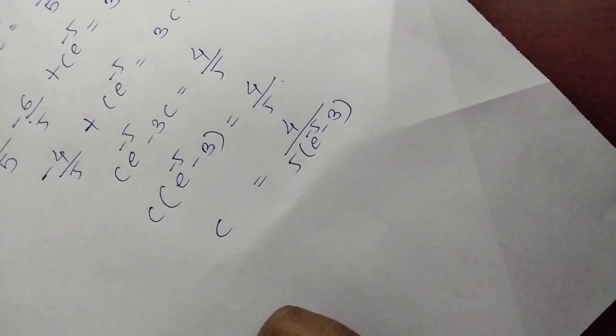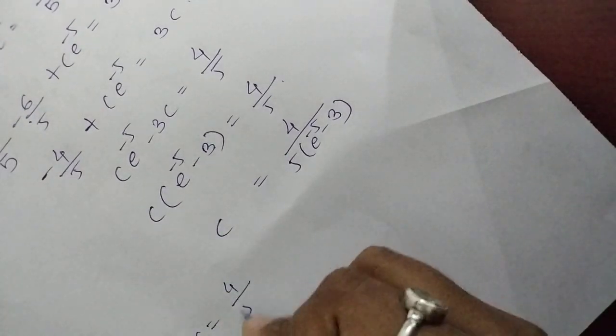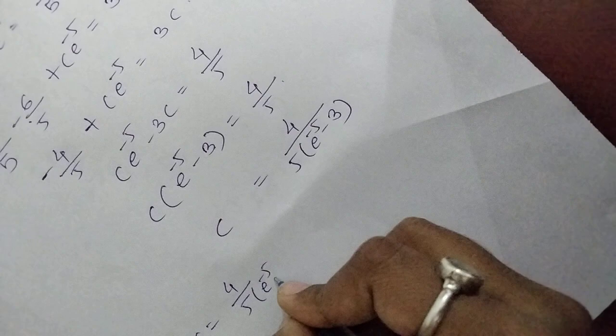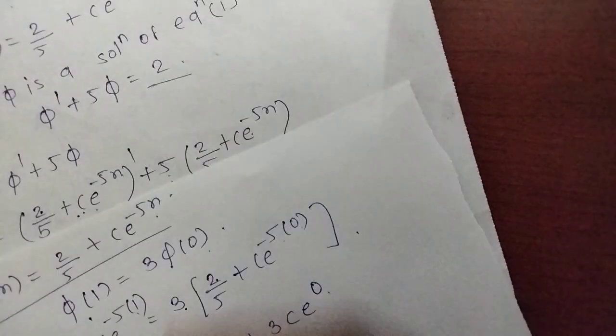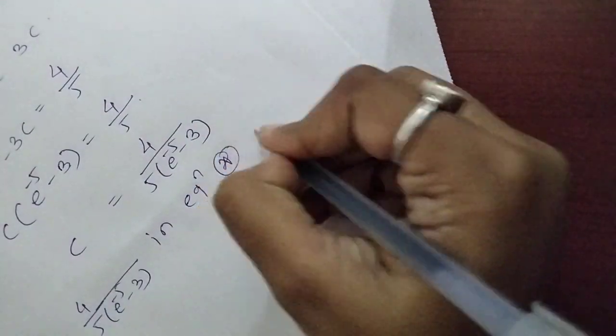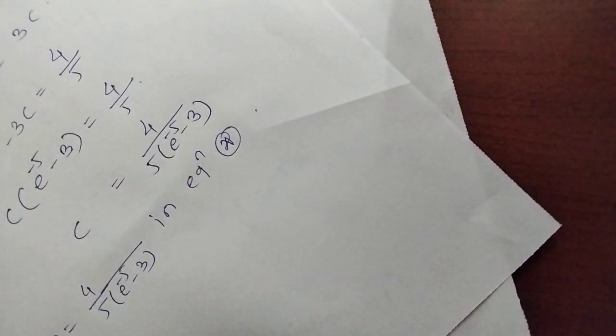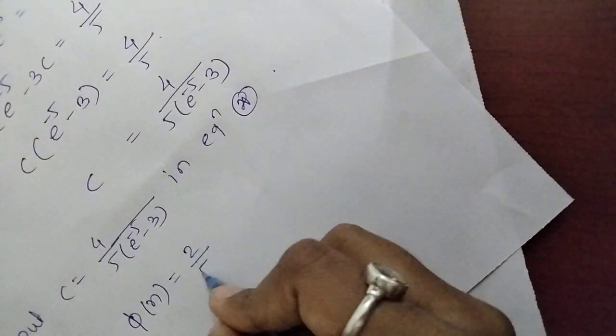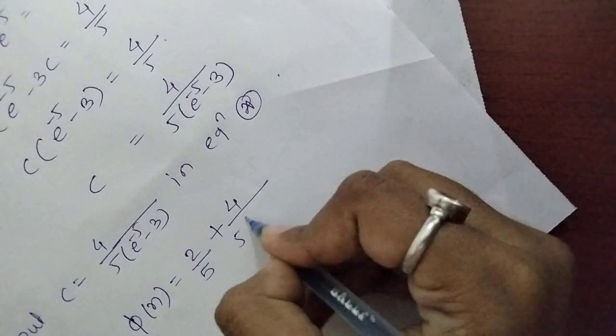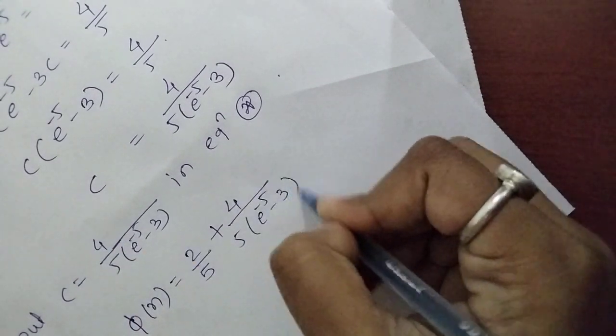Put c is equal to 4 upon 5 e raised to minus 5 minus 3 in equation star. In equation star, we get phi of x is equal to 2 upon 5 plus c, which is nothing but 4 upon 5 e raised to minus 5 minus 3, into e raised to minus 5x.